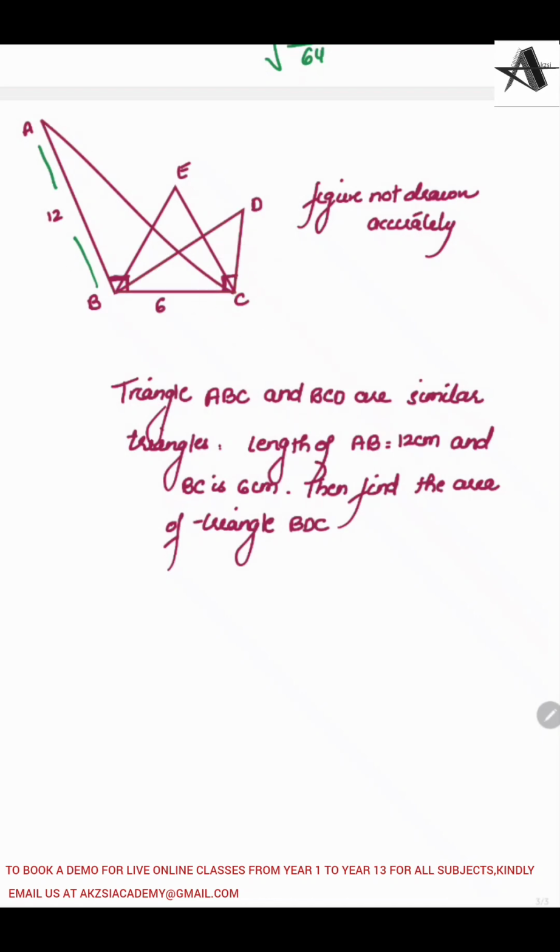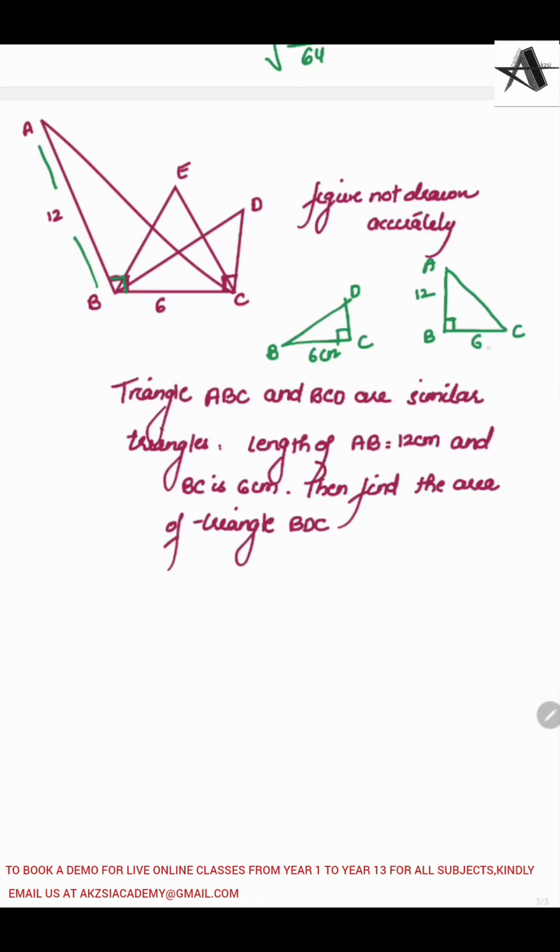If this is a triangle and it's given as 90 degrees, let me draw it separately. Obviously this triangle is not drawn accurately, so it's A, B, C, and this is 90 degrees. This is given as 12, this is given as 6. Now let me draw the other triangle, which is DCB.